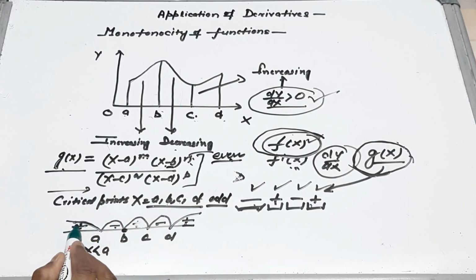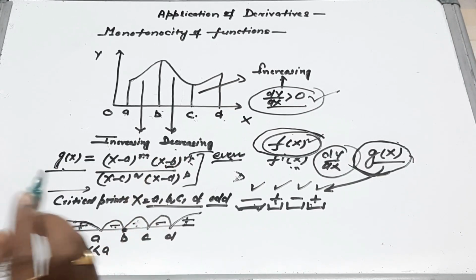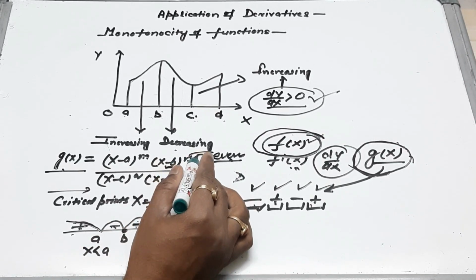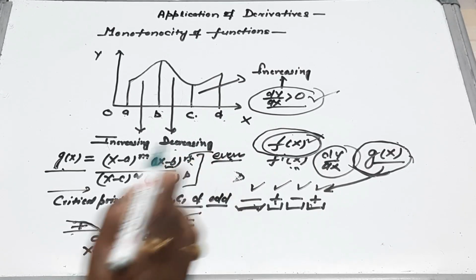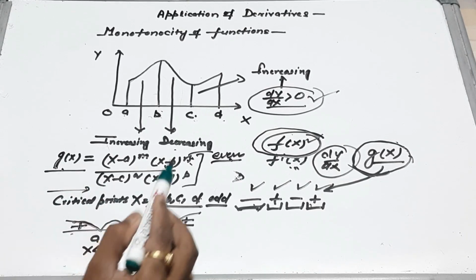Suppose a is here, it is coming positive, it will become negative. Now the power corresponding to critical point b is even, so what will happen? The function will not change its sign. At even-power critical points there will be no change in sign. At odd-power critical points there will be a change in sign. That you have to understand.